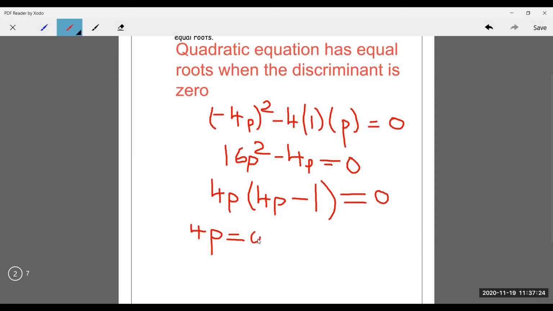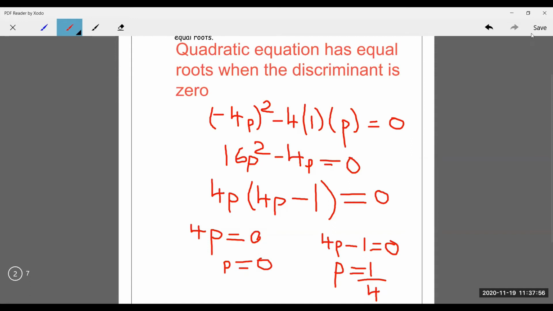Solving these two equations, clearly what we're going to see is that p is equal to 0 from this side, or p is going to be a quarter.